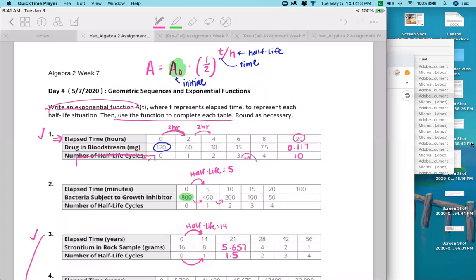Okay, so to finish writing the full formula, it would be A of T equals 800 times half to the T over 5.